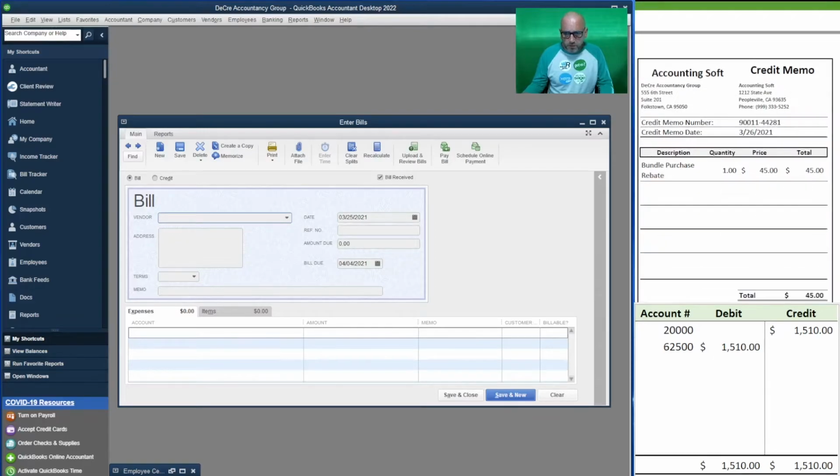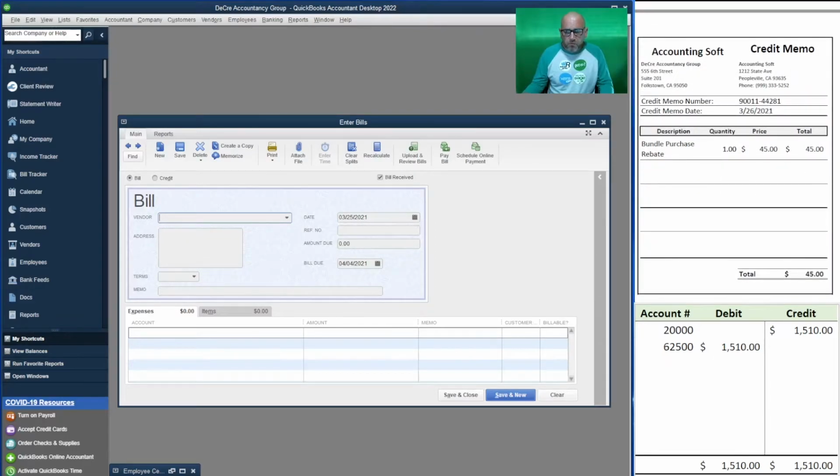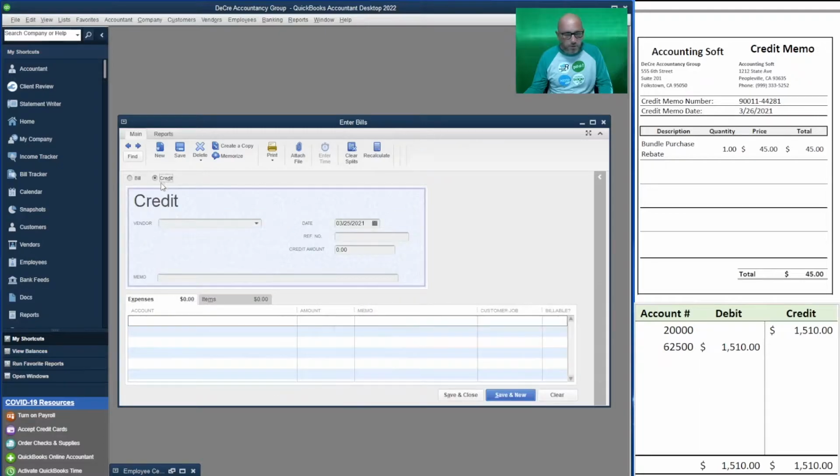We have a credit memo from our accounting software because we bought quite a few items. They gave us a credit memo. Right? So to do that, we stay in this interface. We just click this little button here, credit, and it reverses just like with a credit card. Remember, everything, debits and credits, are switched up.